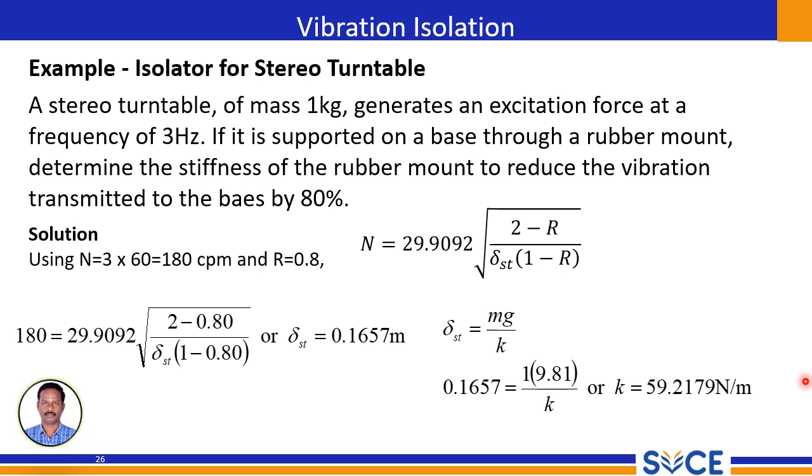Therefore, for the stereo turntable, k equals 59.217 newtons per meter. This is the stiffness of the rubber mount. It should be approximately 59.2179 newtons per meter. This example demonstrates how to apply vibration isolation to design an isolator for a stereo turntable.